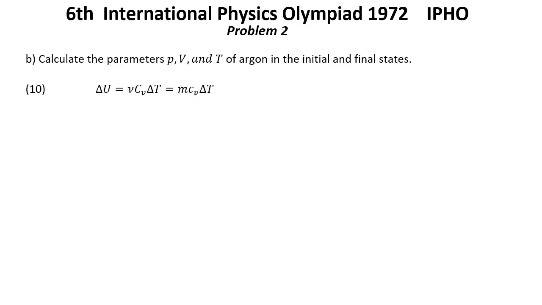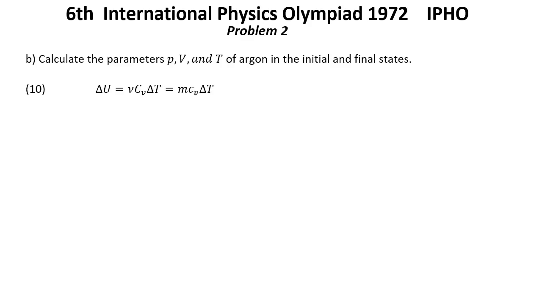So we have delta U equal nu multiplied by CV multiplied by delta T, which is equal to mass of argon multiplied by CV multiplied by delta T, where mu is the number of kilomoles for argon. CV equal 3/2R. For the entire system, L equals 0 and delta U equal Q.